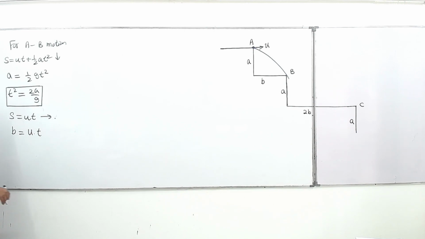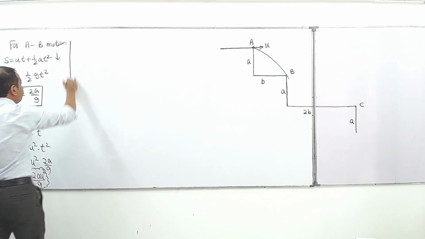Then we have t squared like this, and we square this one. b squared equals u squared t squared, and t squared is 2a over g. Then we get b squared as 2a u squared over g.